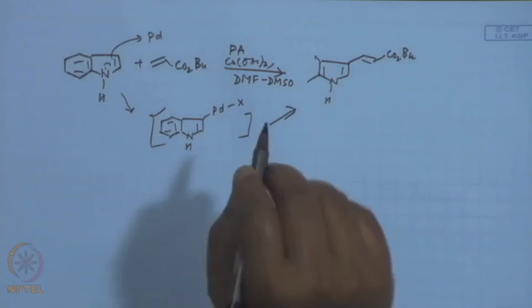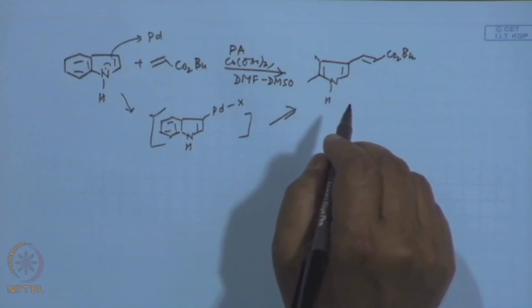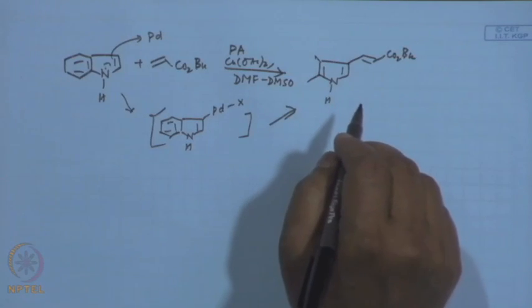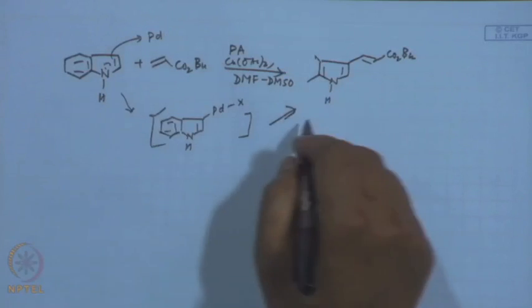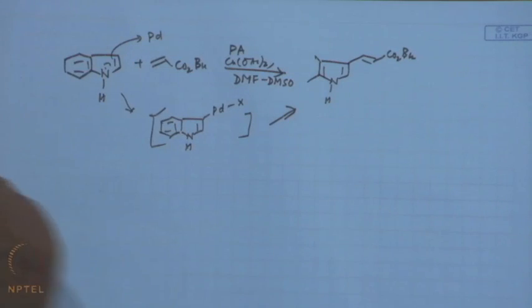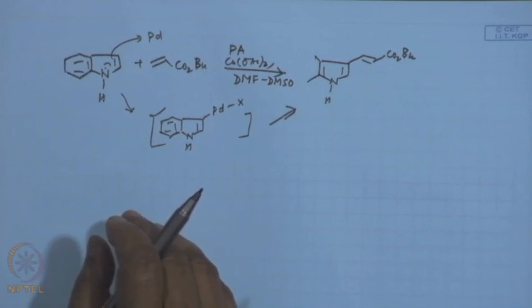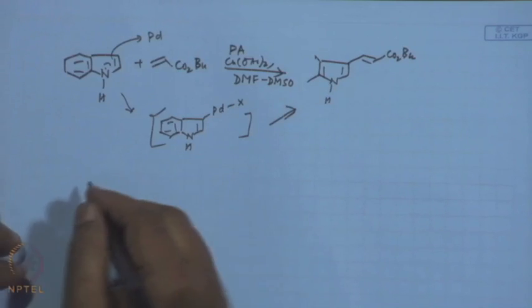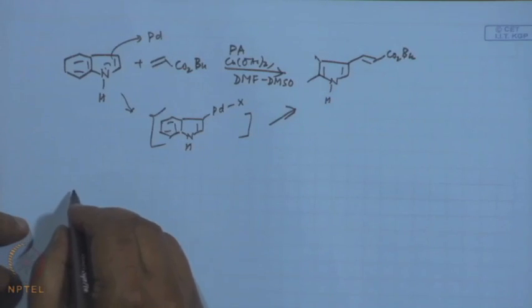Now, what is more striking is if you change the reaction conditions. This is a very general reaction. There are so many examples, I will not burden you with many here. Now just see the contrasting reaction conditions.